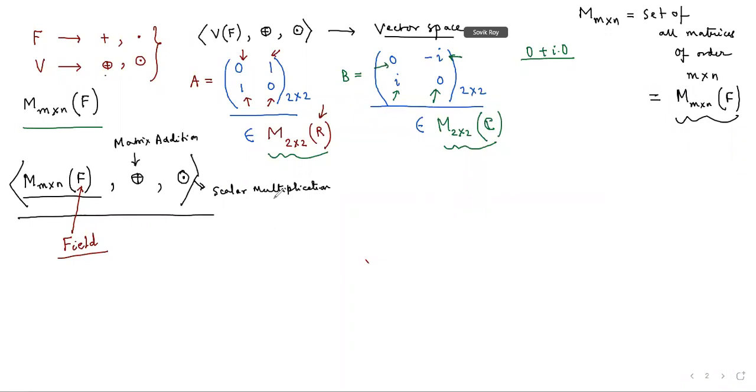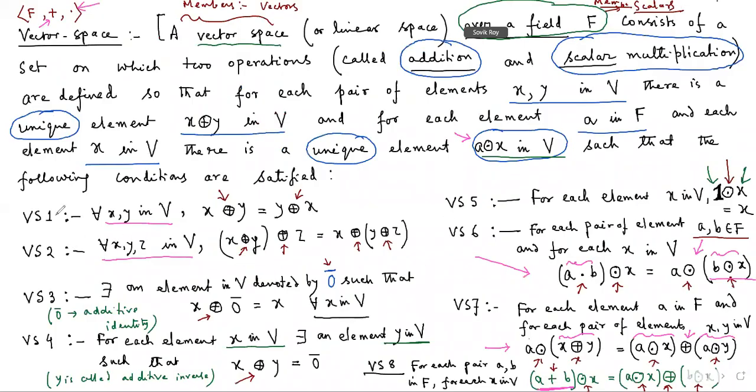If this is true, then it is true for any field. So I'm considering capital F to be a field. By keeping this in mind, I want to check whether this particular structure is a vector space or not. So quickly, I'm going to go through the properties, as shown over here, and check the individual properties one by one.